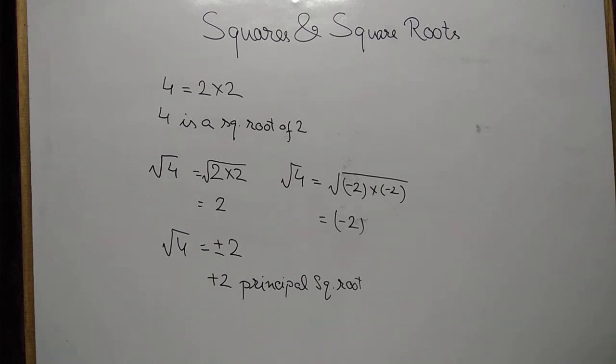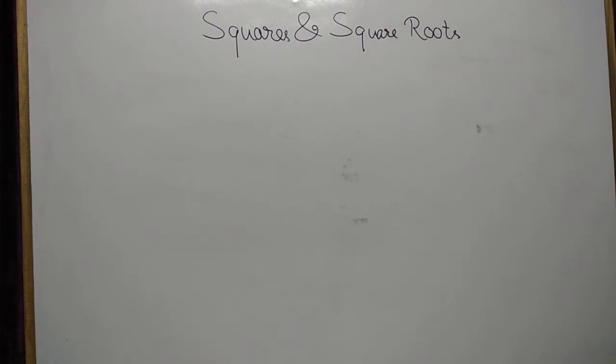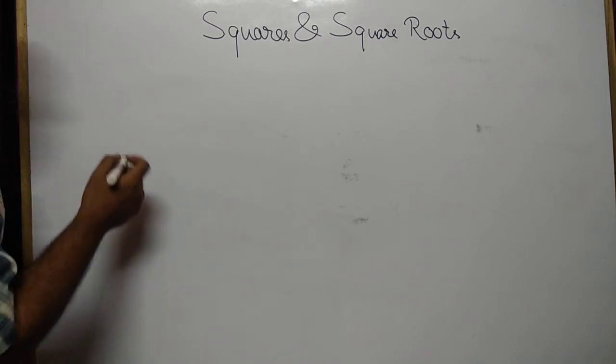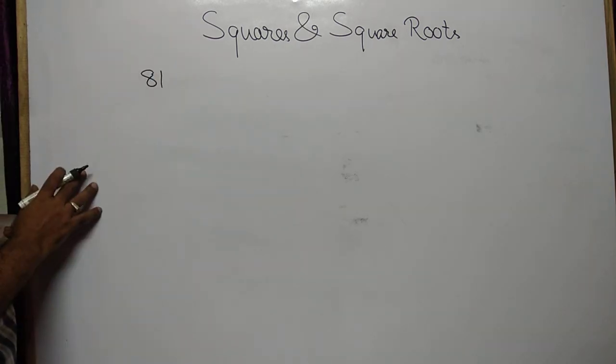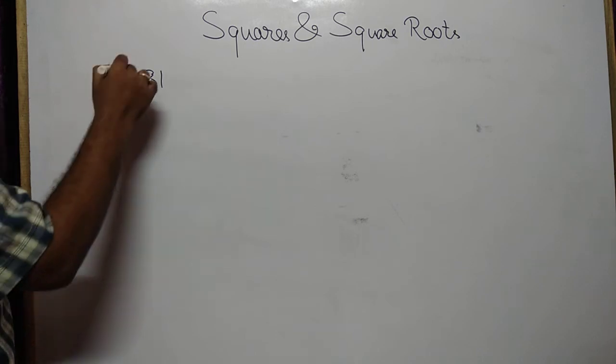Now move to the question answers. Our next topic is how we find the square root of a given number. Suppose a number is given to us, it's 81. The question says to find the square root of this given number.